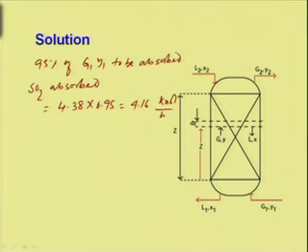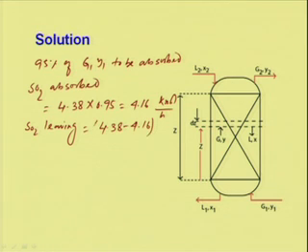Now, SO2 leaving is equal to 4.38 minus 4.16, which is equal to 0.22 kmol per hour.